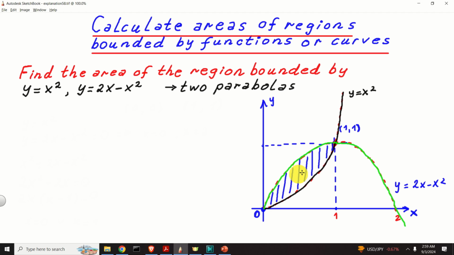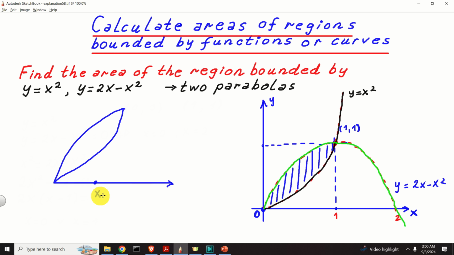Let us learn how to compute this area. There are several ways. Here's the first graphical approach. Namely, let's sketch this region over here. Here it is. Now, for a certain value of x, let's denote this value as xi over here.